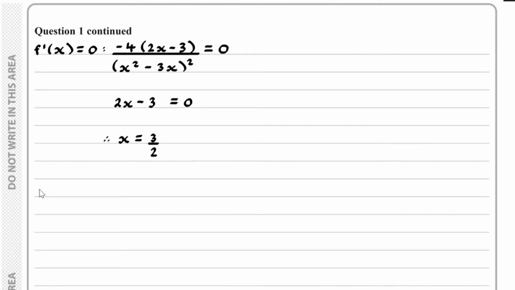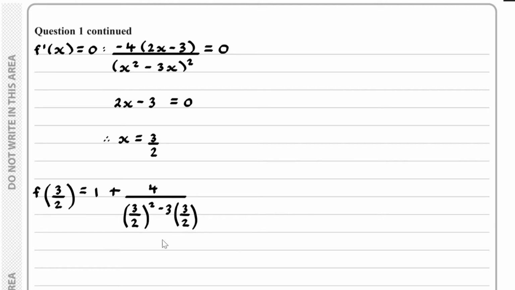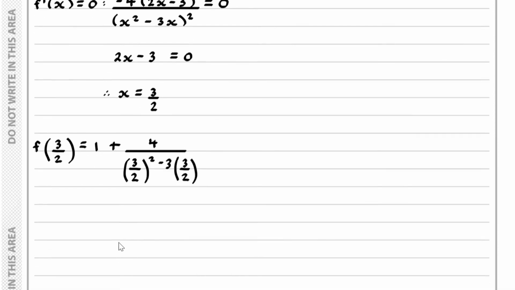So f of 3 over 2, that's equal to 1 plus 4 over 3 over 2 squared, subtract 3 multiplied by 3 over 2. So now let's try to simplify this.